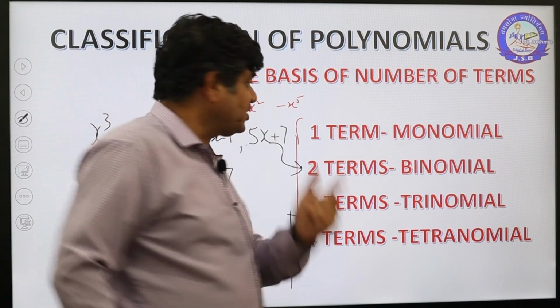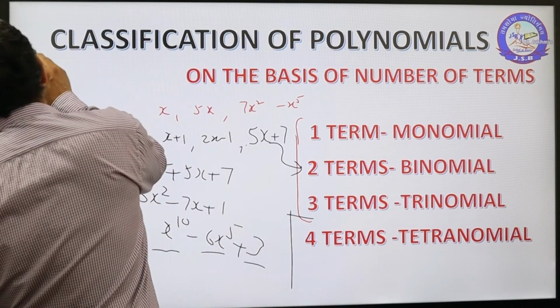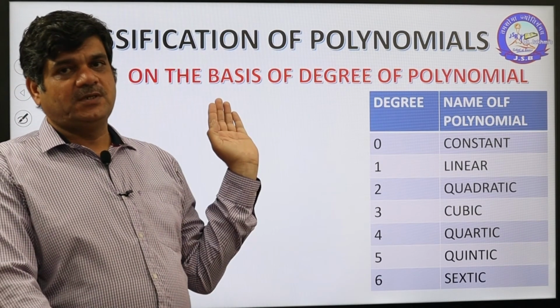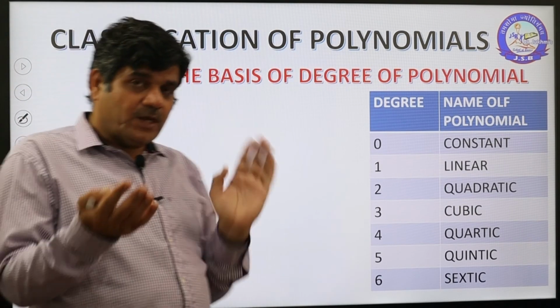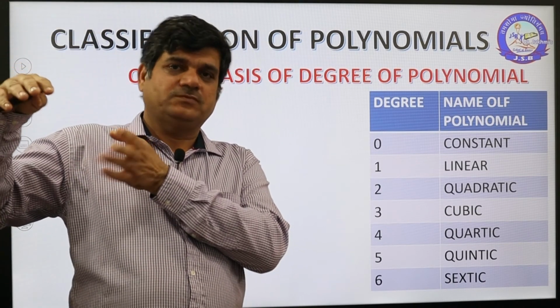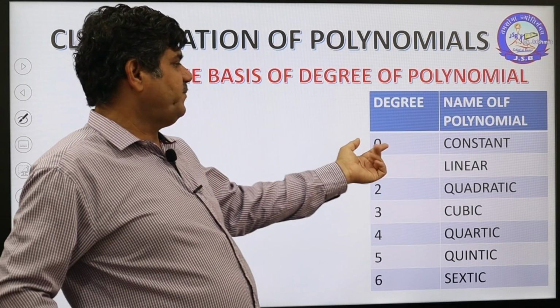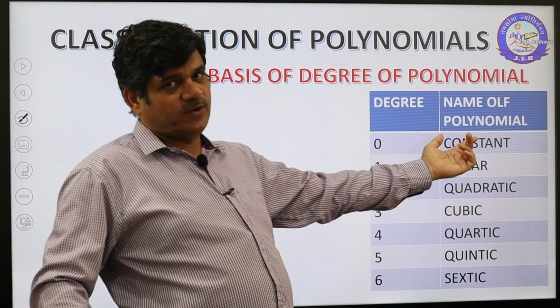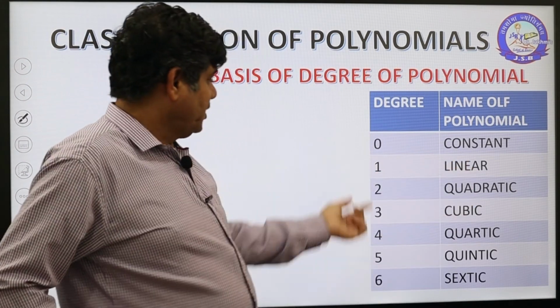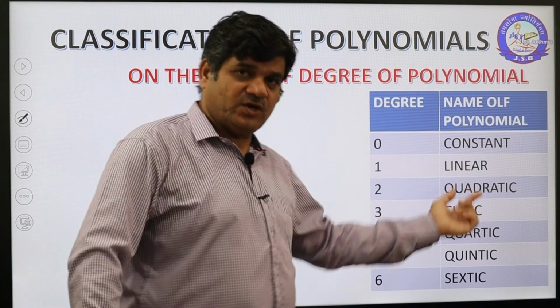There's another classification of polynomials, that is on the basis of the degree. We have just studied the degree of a polynomial. What did we study? The degree of the highest degree term. Correct? So if the degree of the polynomial is 0, we call it a constant polynomial. If the degree is 1, we call it linear. If the degree is 2, we call it quadratic.